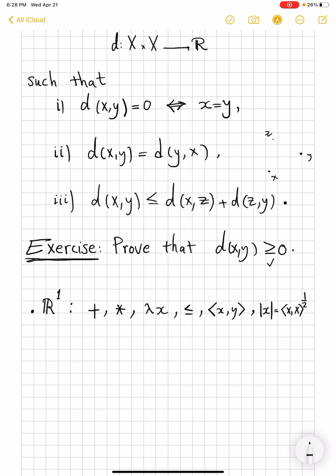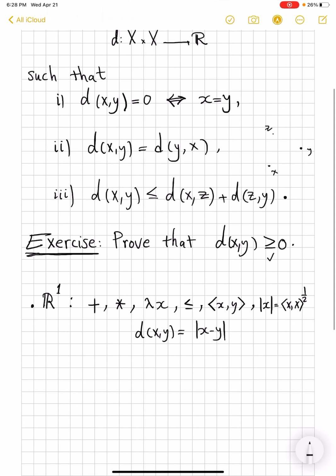And then using this norm, you can define the distance of x from y to be x minus y, and then take the absolute value. So that's our R1.